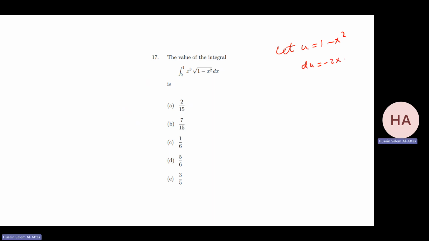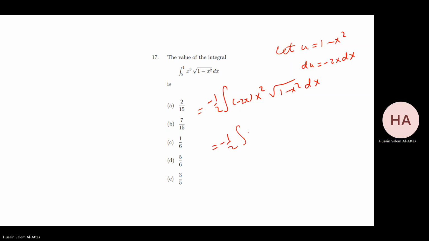du equal -2x dx. I need to write this as -2x. I need minus half outside. Don't forget the x squared. So that will be what? Minus half integral of 1 minus u, square root of u, du. At 0, it will be 1. At 1, it will be 0. It will be minus 1 over 2 integral 1 to 0, u to the power half minus u to the power 3 over 2, du.